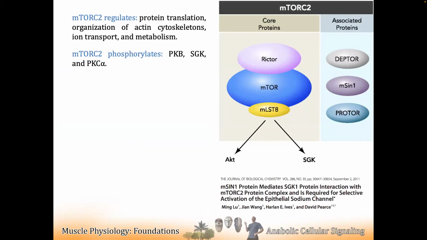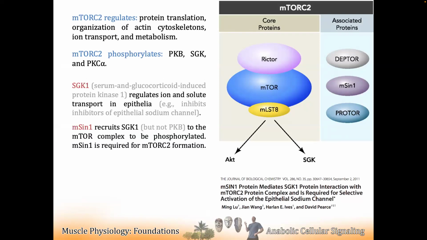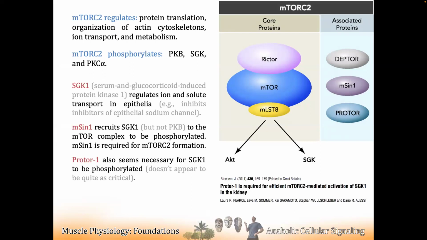The point of mentioning them at all is just to illustrate the metabolic breadth of these signaling cascades, in this case, the breadth of mTOR complex 2. A little bit more about SGK and mSin1 falling outside of the hypertrophic channels, treading out into the wider world of metabolism. Again, PROTOR, another protein that helps recruit SGK and assist in the proper signaling of mTOR complex 2. In mouse models, if you knock out PROTOR, SGK phosphorylation is impaired.